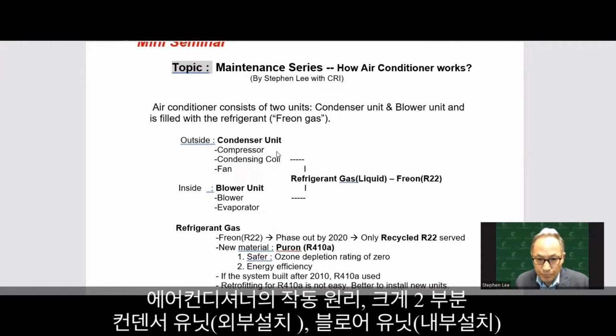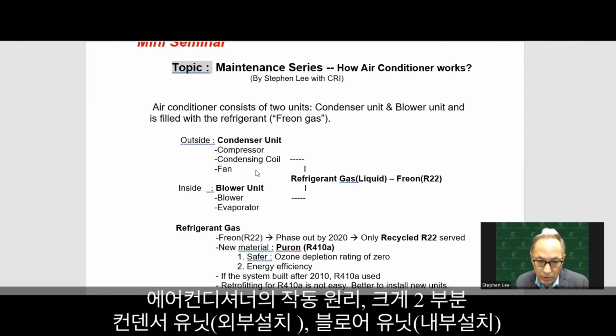Typically in homes, the first unit is the condenser unit, and the second is the blower unit.